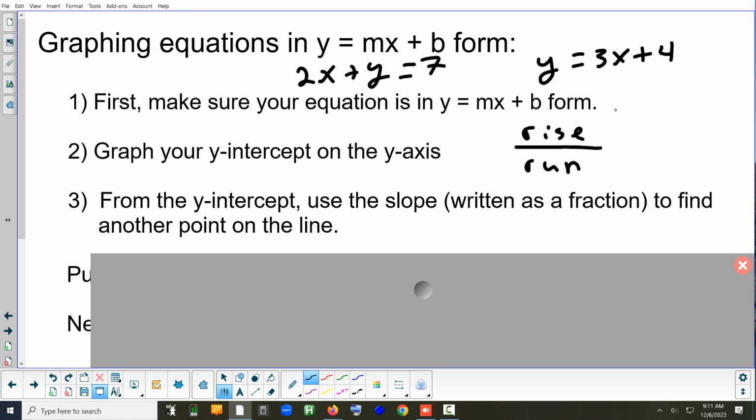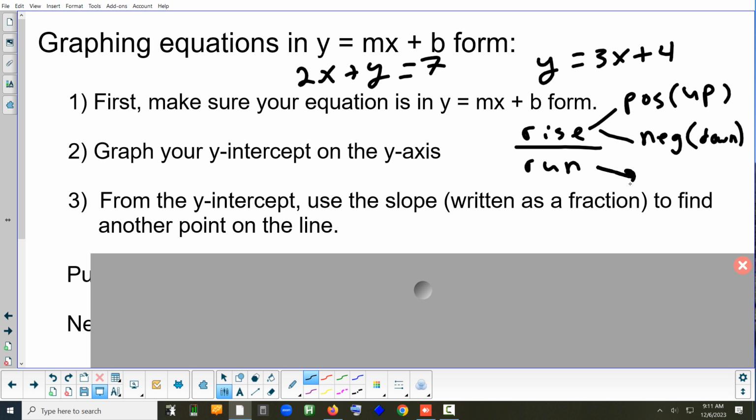If the rise is positive, which way do we go? Which way is positive for the rise? Up. What about if the rise is negative? Down. We go down. So the rise is going to either tell you to go up or down.